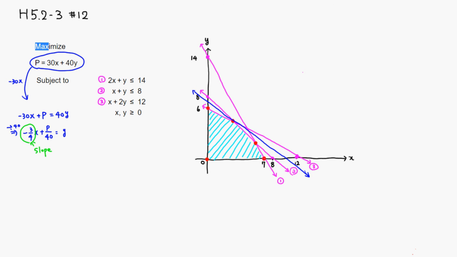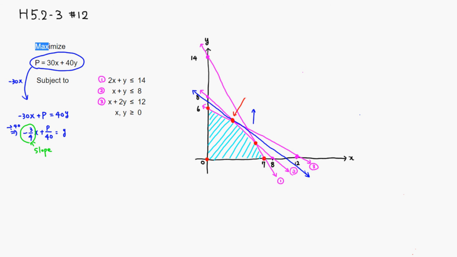Since we're trying to maximize it, we want to make the y-intercept as big as possible, so we're pushing it up. The last point it's going to go through in the feasible region would be this point right here. This is going to give you the maximum value.